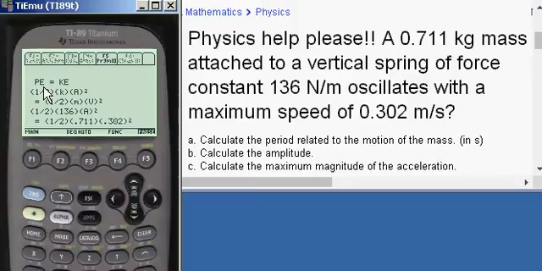And big deal in springs is that the potential energy that a spring has, which is 1/2 k times the amplitude squared, is equal to the kinetic energy, which is 1/2 mass times velocity squared. Okay, that's the big deal. Conservation of energy.